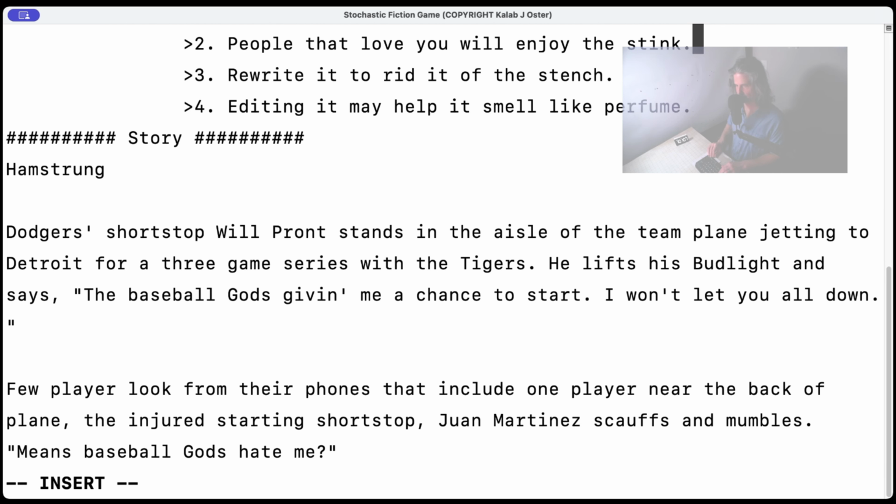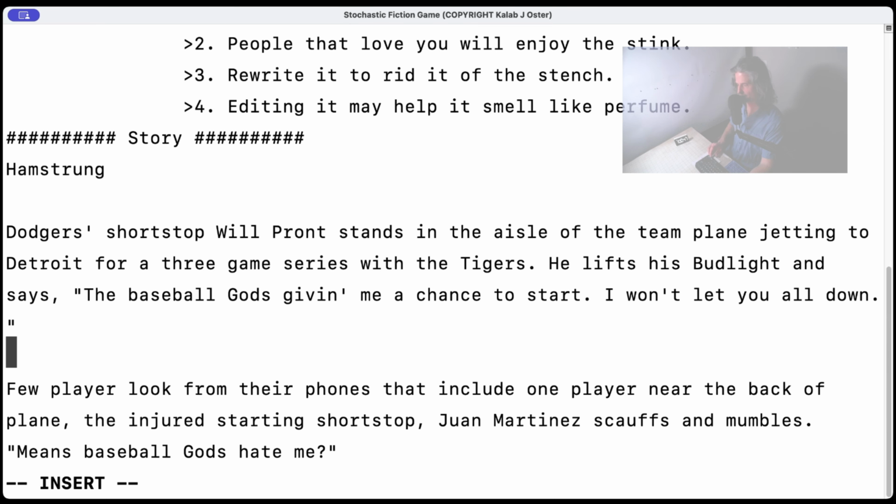Hamstrung. Dodger shortstop Will Prompt stands in the aisle of the team plane jetting to Detroit for a 3-game series with the Tigers. He lifts his Bud Light and says, "The baseball gods have given me a chance to start. I won't let you all down." A few players look from their phones.